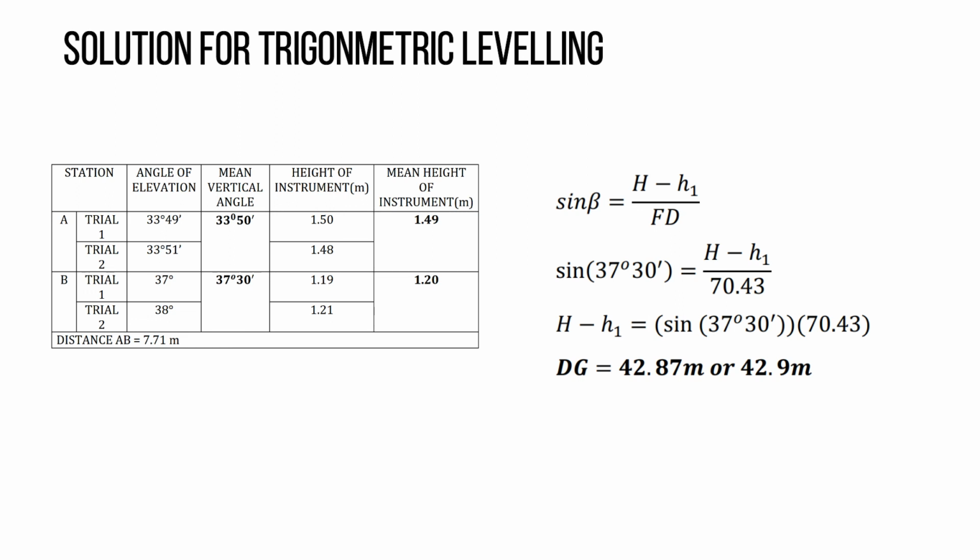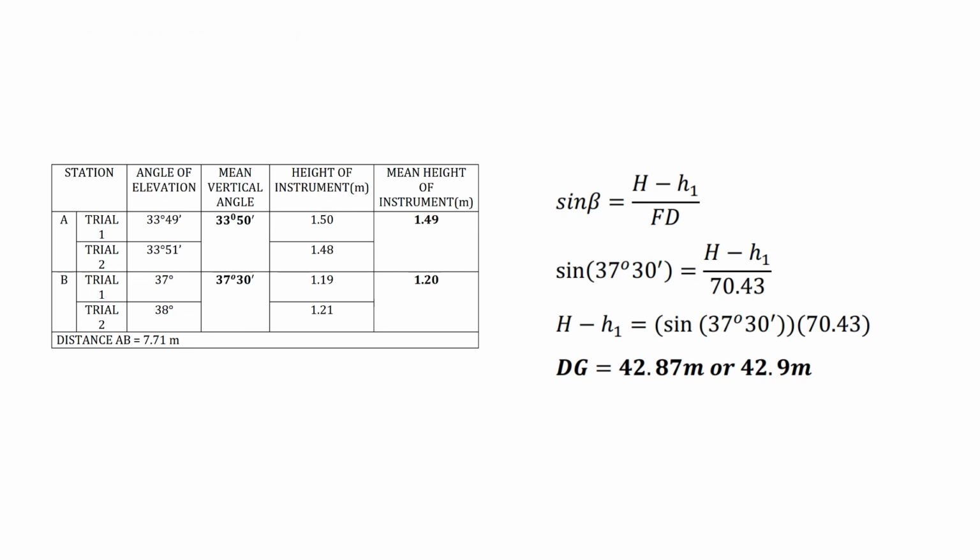Multiplying 70.43 on both sides will isolate H minus H1, which turns into H minus H1 is equal to sine 37 degrees 30 minutes multiplied by 70.43, which yields the answer 42.83 meter or 42.9 meter.